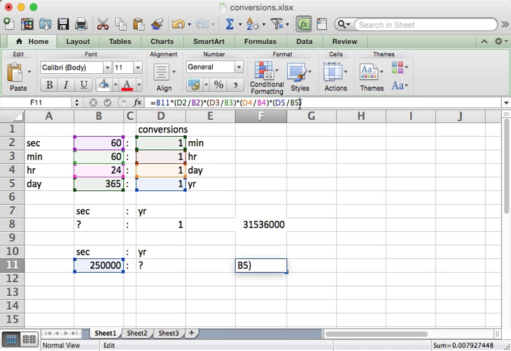Therefore, in the formula, right, I'm dividing by B2, which is the seconds, and I'm multiplying by minutes. But I don't want minutes, I want that to cancel. So I'm dividing by these minutes to get to hours. But then I need my hours to cancel, dividing by hours to day, and last, canceling, right, in B5 my days, so that I end in years.